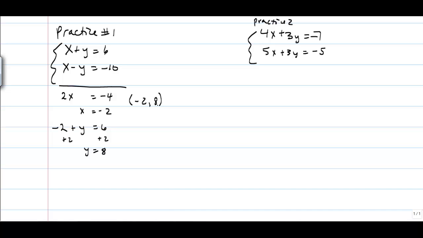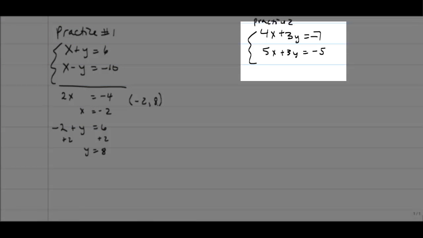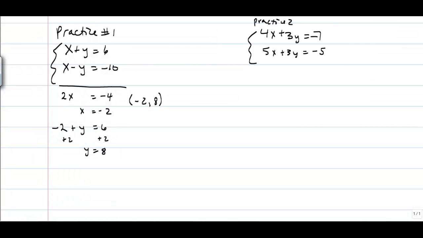For practice number 2, we're going to have to multiply one of these equations by -1 in order to get rid of the 3y. You probably multiplied the second equation by -1, so I'm going to multiply the first equation by -1 just to show you that it doesn't matter which equation I choose, I'll still get the right answer. When I do my multiplication and add this together, I'll get that x is equal to 2.